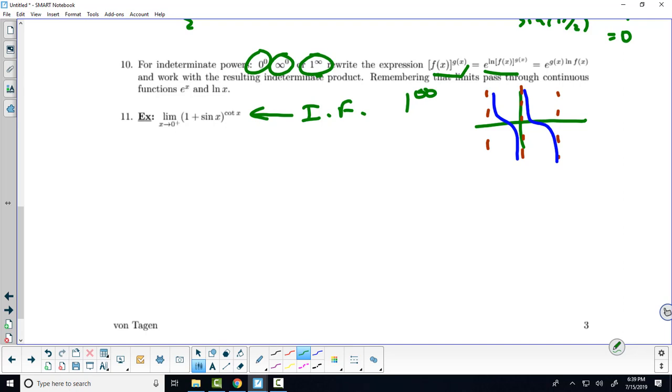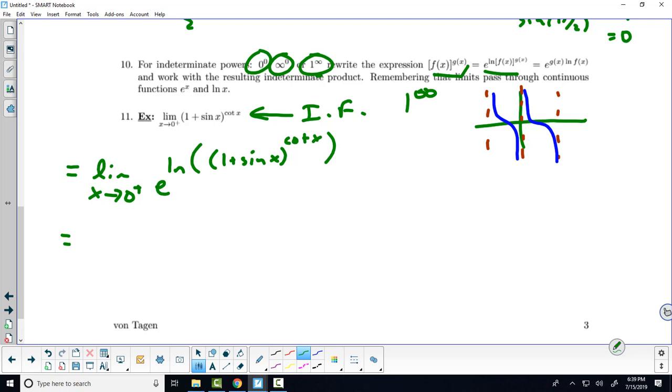So this is equal to the limit as x approaches 0 from the right of e to the natural log of (1 plus the sine of x) to the cotangent of x. Why is that true? Because e to the natural log of an expression is just that expression, as long as that expression was initially positive.